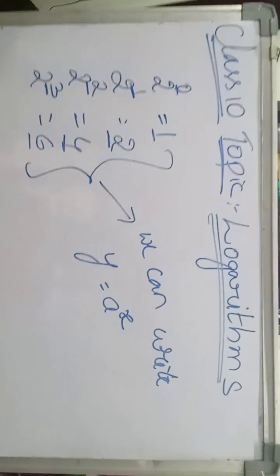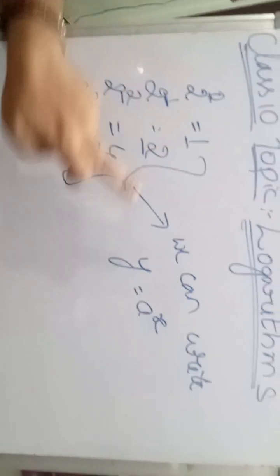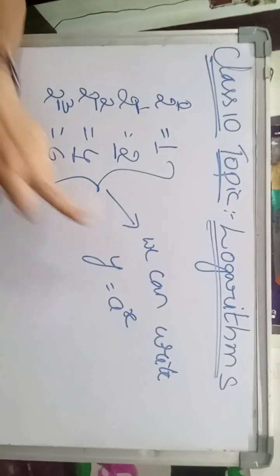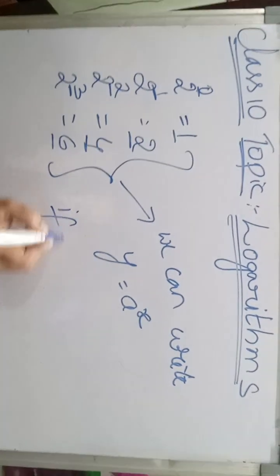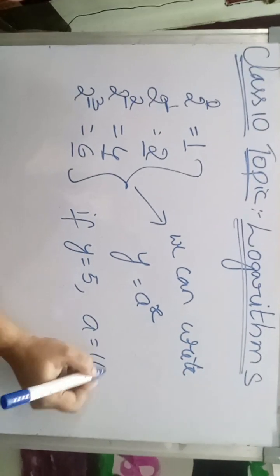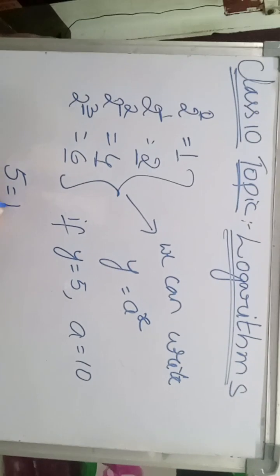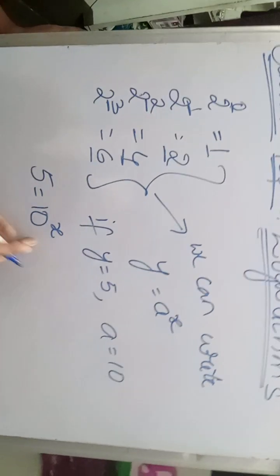I just wrote the result equal to a power x. In that form I wrote this. If I take, for example, y equal to 5 and a equal to 10, then 5 is equal to 10 power x.